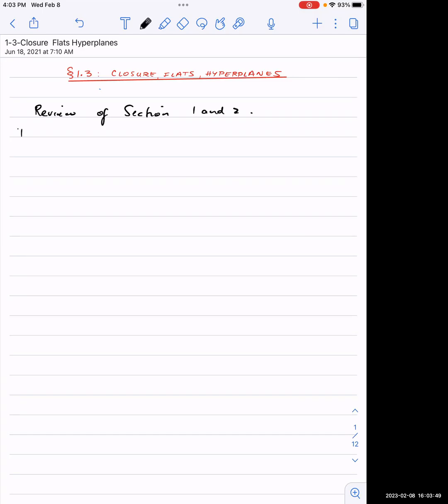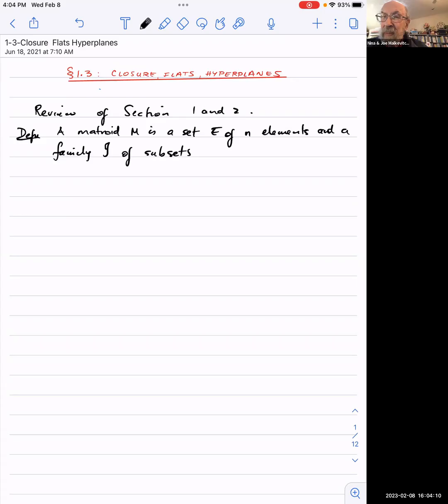So a matroid, and this is just to slow the pace down a bit. A matroid M is a set E of n elements and a family I of subsets of E that satisfies the first axiom.